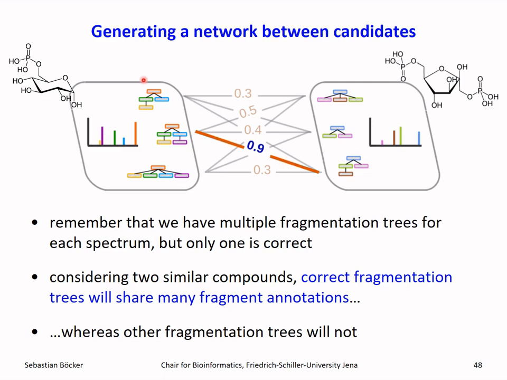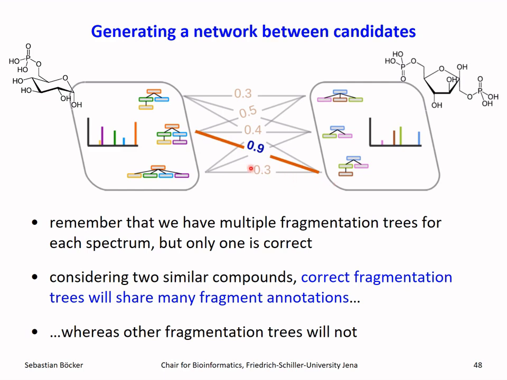For one fragmentation spectrum here and one fragmentation spectrum here, you have loads of different fragmentation trees here and loads of different fragmentation trees here. And now we compare any pair of fragmentation trees from the left and the right side and see how many fragment annotations they share, and also how many root loss annotations they share. And from that we compute a score.